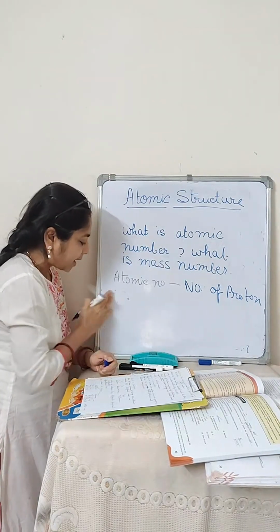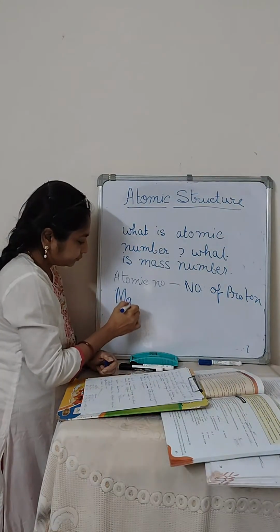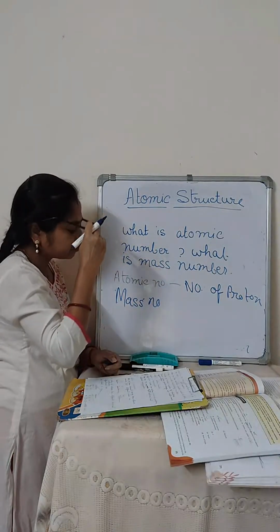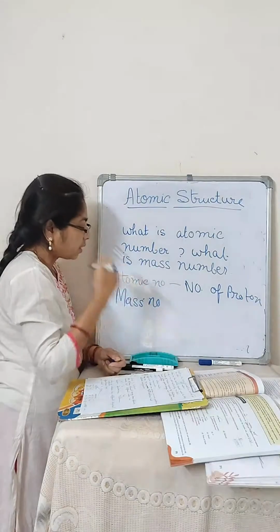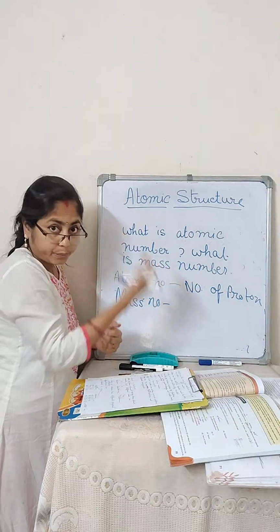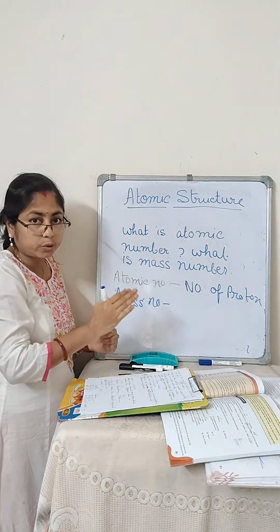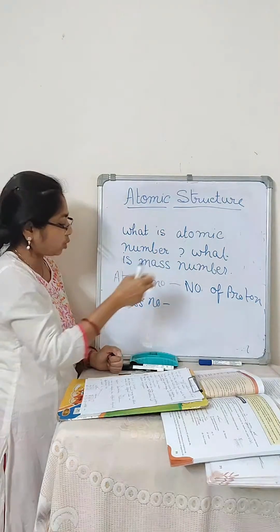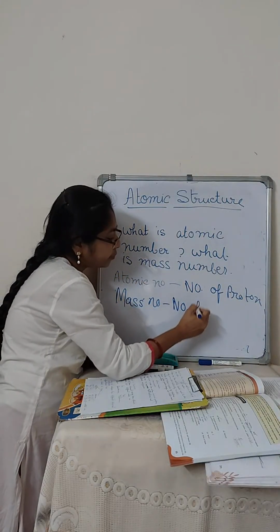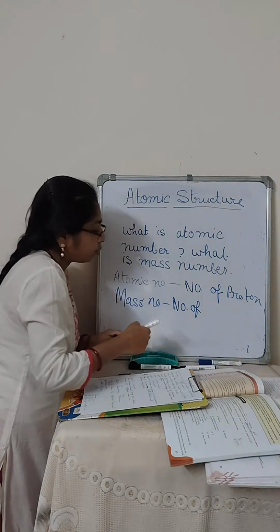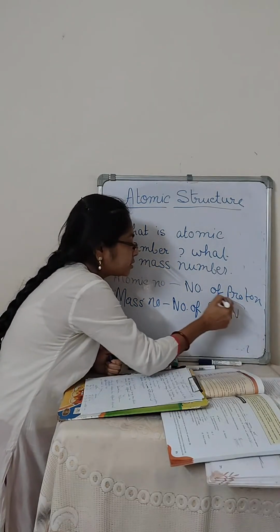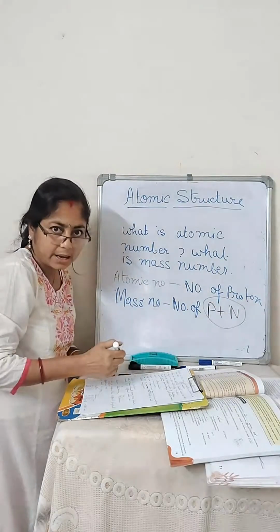And what is mass number? Mass number means the total addition of number of protons and neutrons is called the mass number.